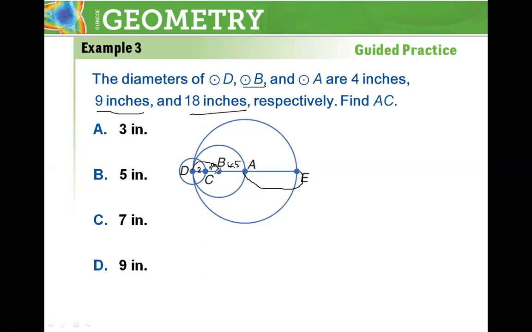AC is 4.5 plus 2.5. So 2.5 plus 4.5, excellent, is equal to 7 inches. As Muhammad said, it's 7 inches.